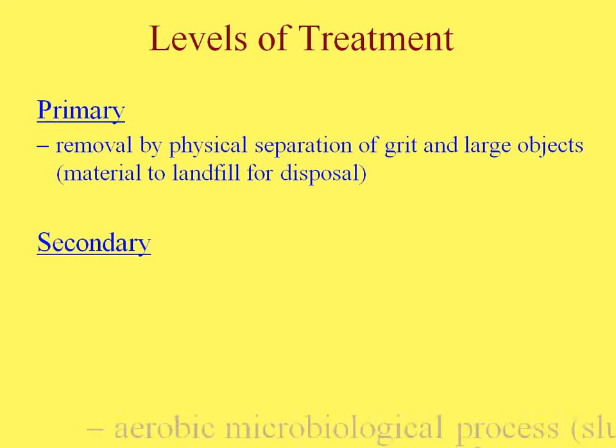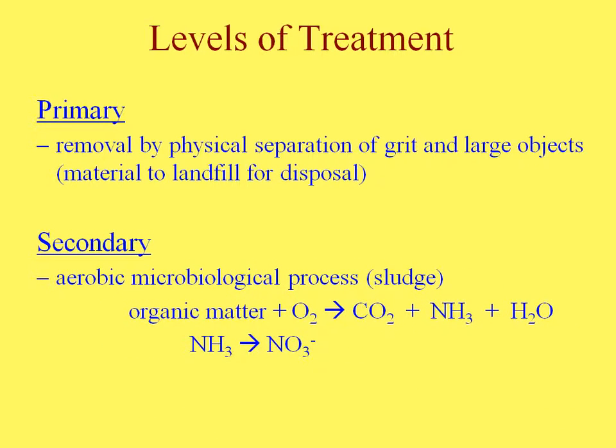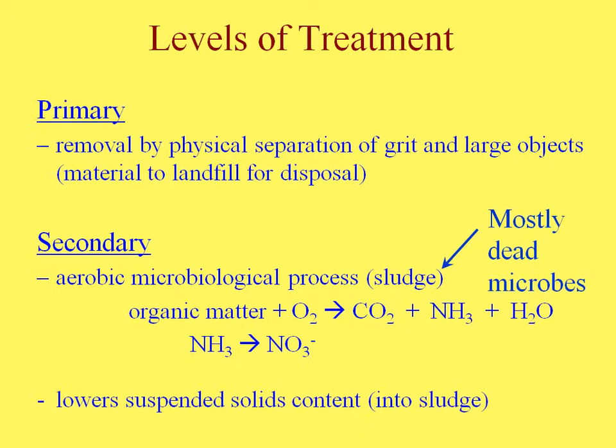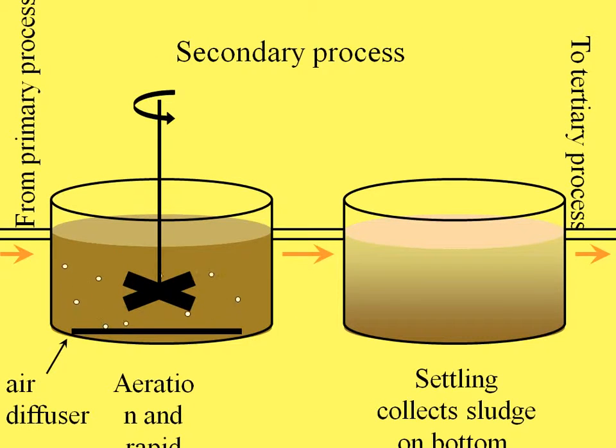Levels of treatment. Right? Primary treatment is the removal by physical separation of the large objects. Primarily you break all the bigger objects into smaller objects, right? Secondary, then you put in microbes. This is the secondary process, aerobic or anaerobic.